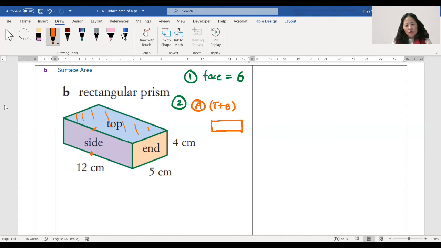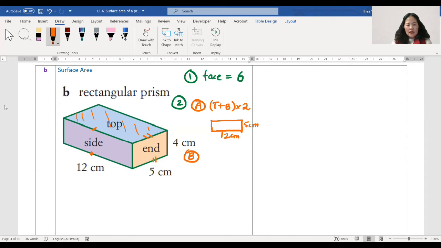So it's 12 centimeters here. And this one is the same as this one, so it'd be 5 centimeters. That's one shape, but there are 2 of them because the top and the bottom should be the same. So I'm just going to make it 2 so that I can remember they're the same.